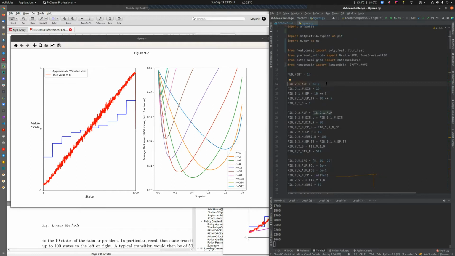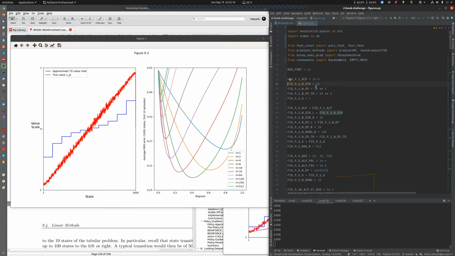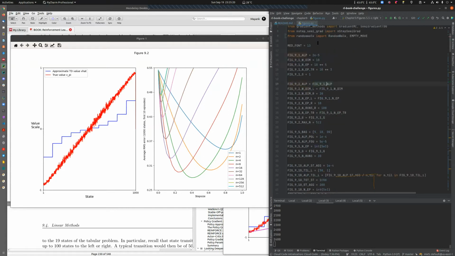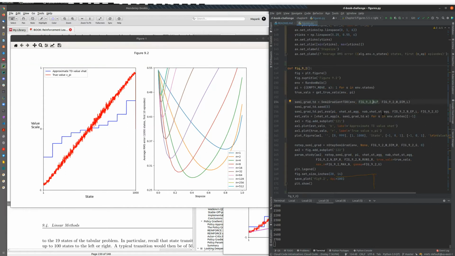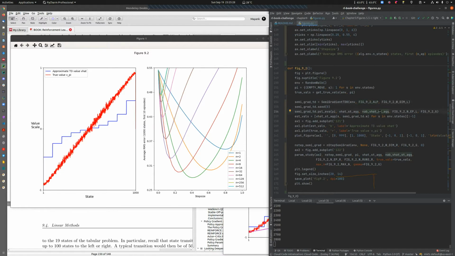And it seems like here the results are even worse than those in the book, but maybe that's because fewer iterations were done or something.